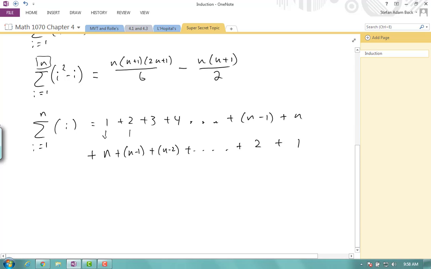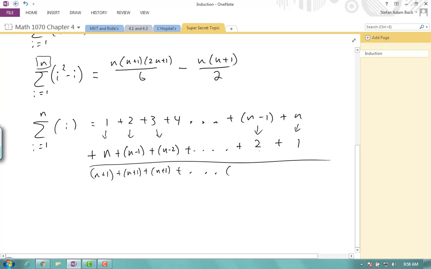But I'm going to add the terms directly down. So I'm going to have 1 plus n here. I'm going to have 2 plus n minus 1, so that's another n plus 1. 3 plus n minus 2, that's another n plus 1. And that happens for every single pair all the way to the end.